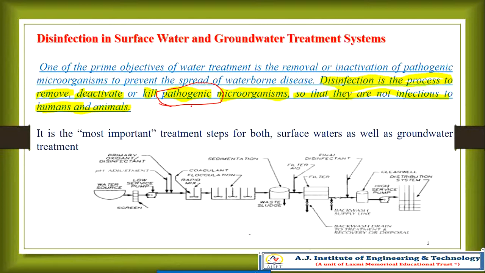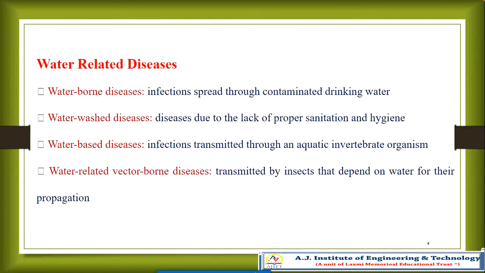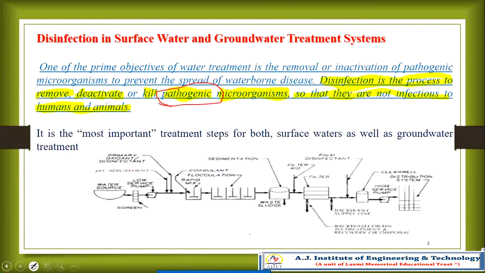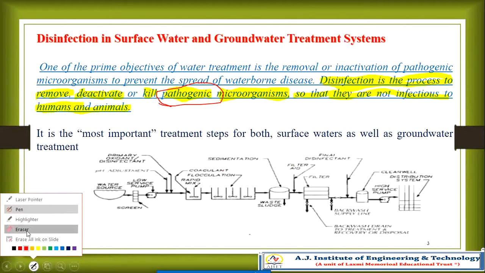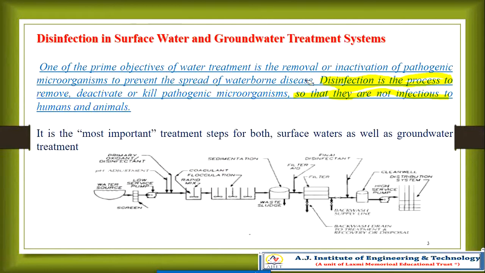Okay, so now we will move to another slide, which is water related diseases. Some of the diseases we have to remember now, to see why we have to use disinfection treatment. Look at the figure here, which we have studied step by step.